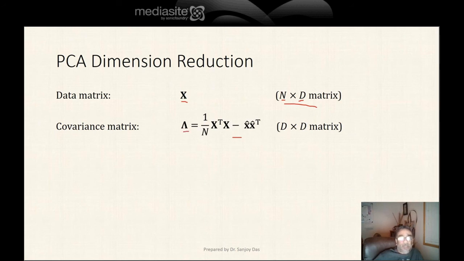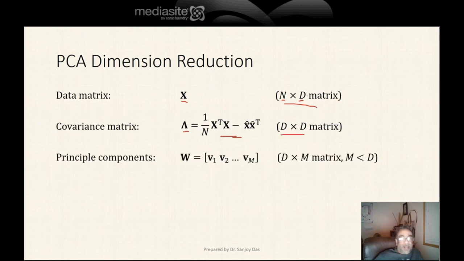So lambda is given by this expression here, and that's a d by d matrix. The next step is to obtain the spectrum of lambda, the eigenvectors v1 until vm. These will give rise to this matrix W, which is a d by m matrix, where m is the number of dimensions that we want to keep.